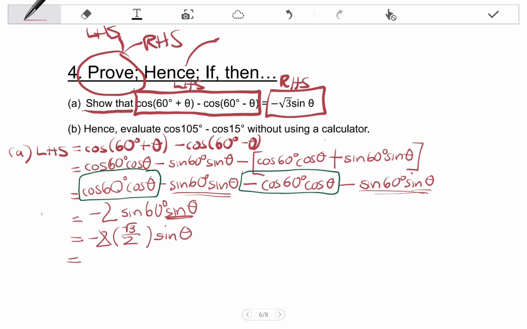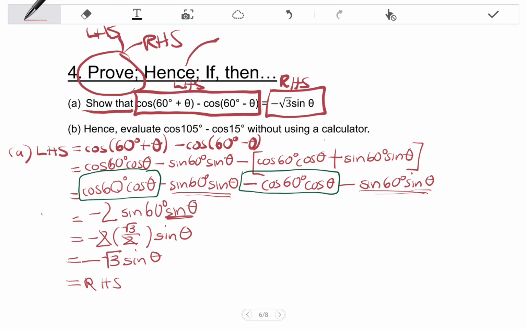Simplifying this, the 2's cancel, and we're left with negative root 3 sine theta, which, what do you know, is our right-hand side. And we finish the proof by saying equals right-hand side.